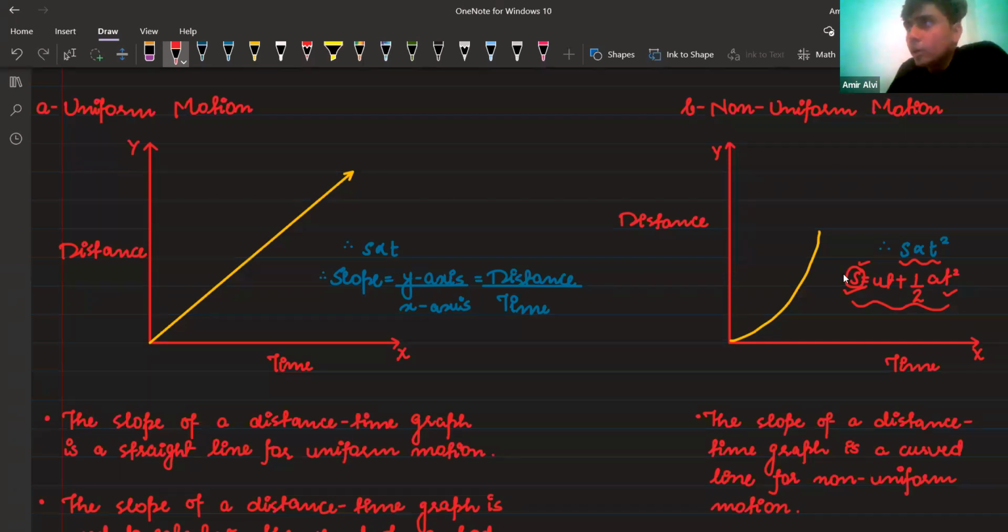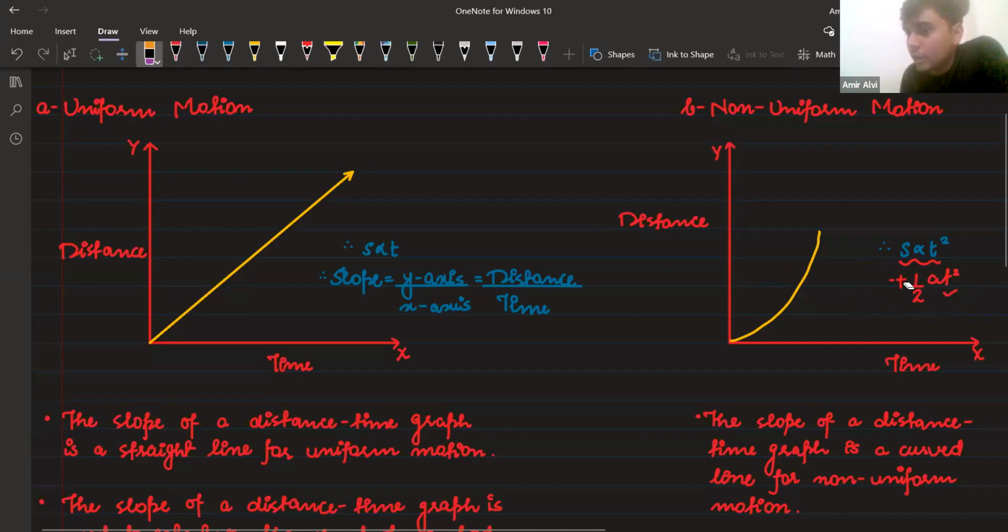I was saying, if the body is moving with an acceleration, the distance covered by the body would be different. Yes or no? Yes, sir. Right.